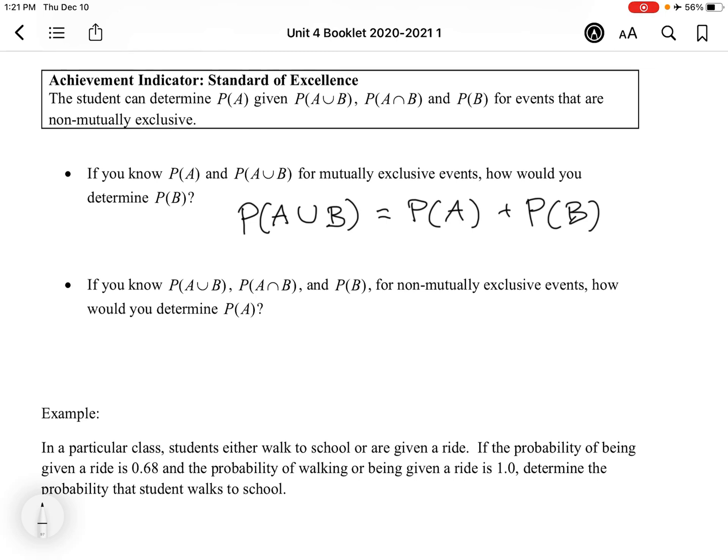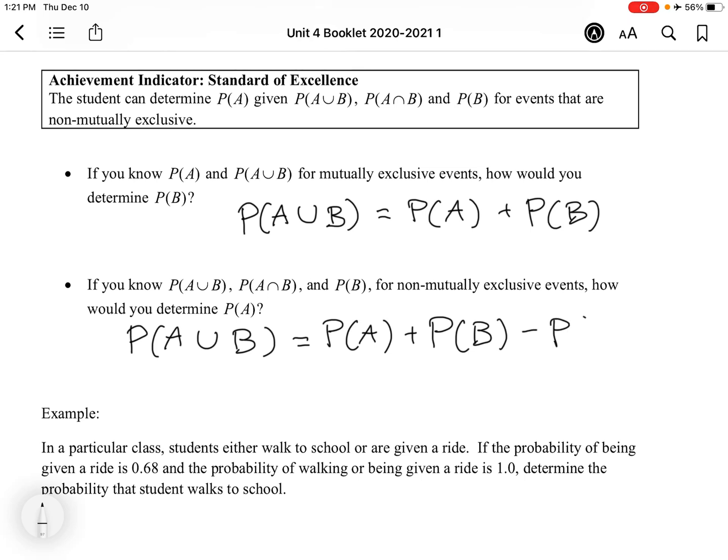Okay, and if the events are non-mutually exclusive, then the probability of A or B is equal to the probability of A plus the probability of B minus the overlap, minus the probability of A intersection B, right? And we're subtracting that so that we don't count it twice.